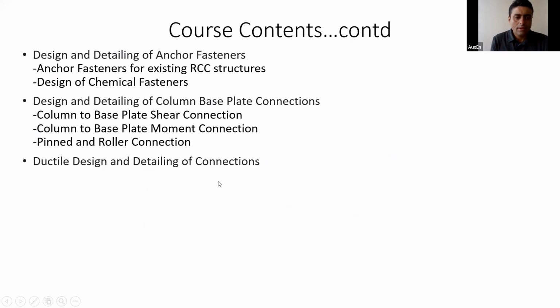And then we will have some discussions on the design and detailing of ductile connections, or how to ensure ductility in the connections. So these are the things that we are going to discuss. I had already put it during the introductory session, and we have included it in the course brochure also. So these are going to be the course contents.